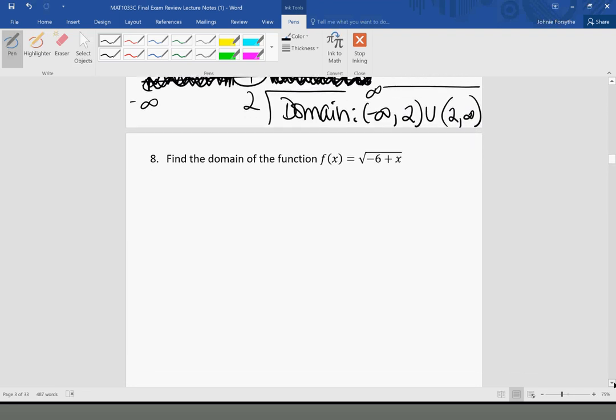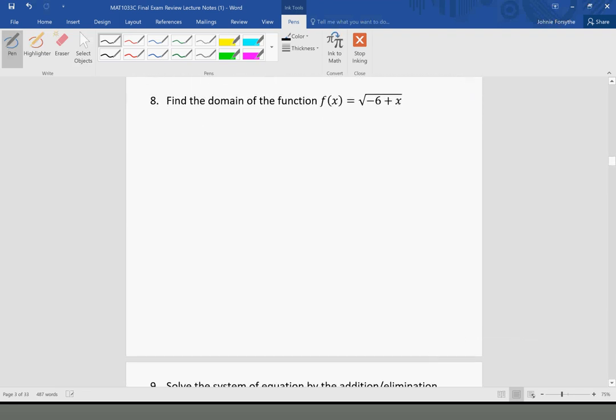The next question is a domain question, but it has a square root. So let's look at that.